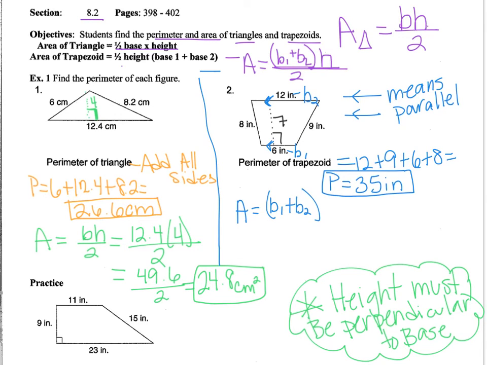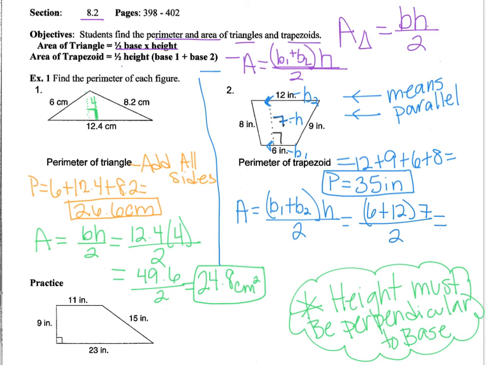My height, I had to add that just like on the triangle. So we got the height H is 7, and then we're going to divide all that by 2. So B1, 6, plus base 2 is 12, times the height of 7, and divide that all by 2.